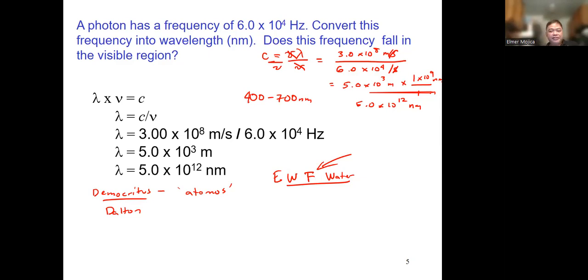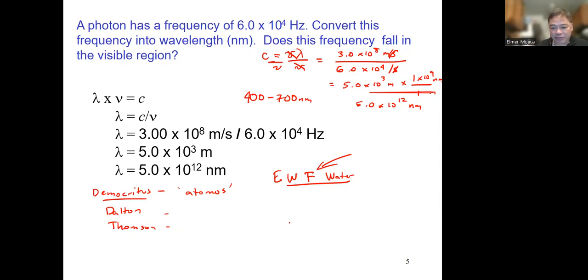Now, some years later, a guy named Thomson found some subatomic particles in this atom. Using a device similar to the cathode ray tube that you see in old TVs, he found the negative component of the atom, which ended up to be the electron.